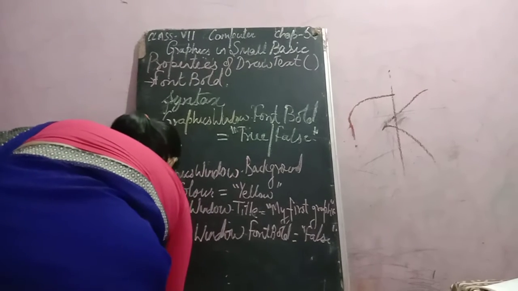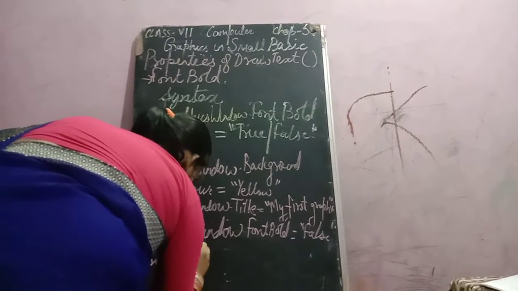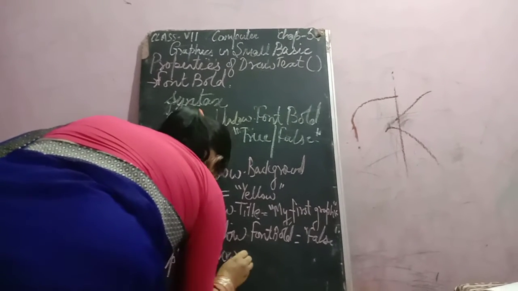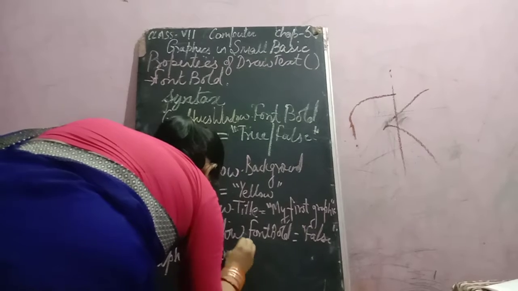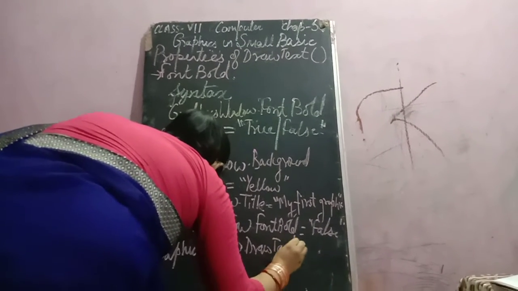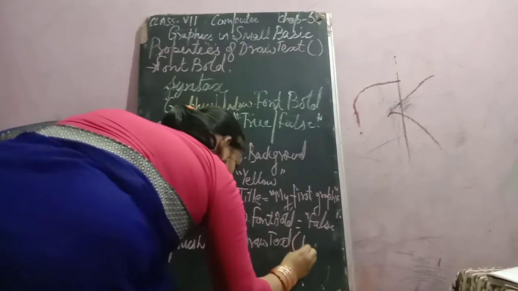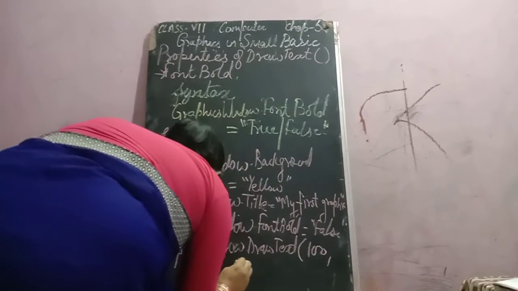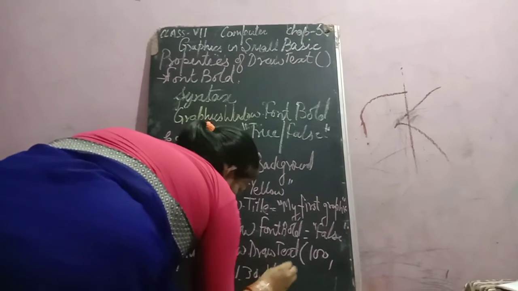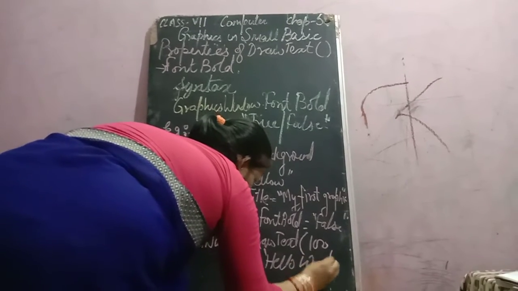Okay. Now graphics window dot draw text, 100, 130, hello world.